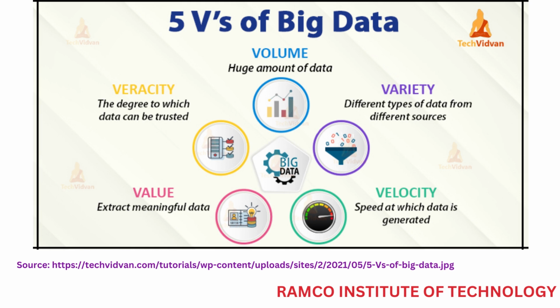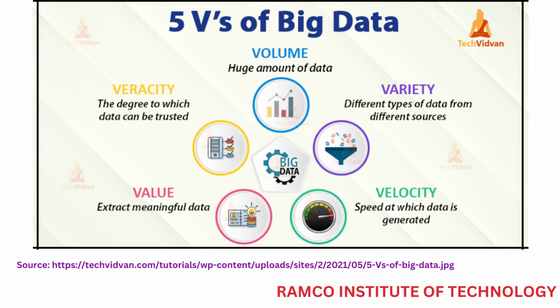So let us see what is volume. Volume is a huge amount of data that is generated every second in the range of terabytes or petabytes. Variety refers to different types of data from different sources like structured data, semi-structured data and unstructured data, what we have seen earlier. Next is the velocity.